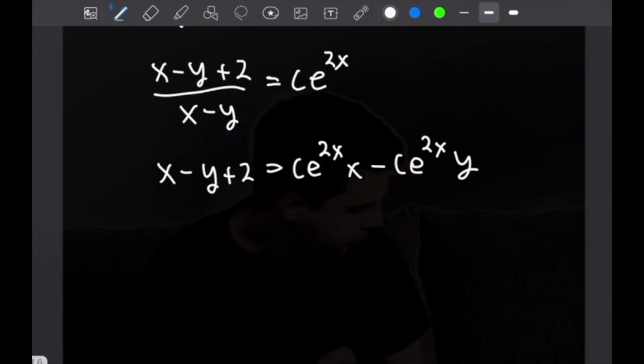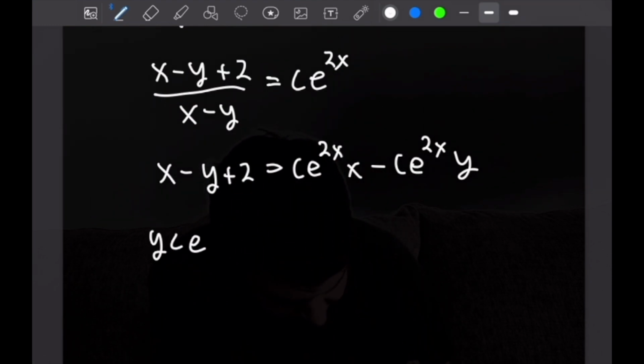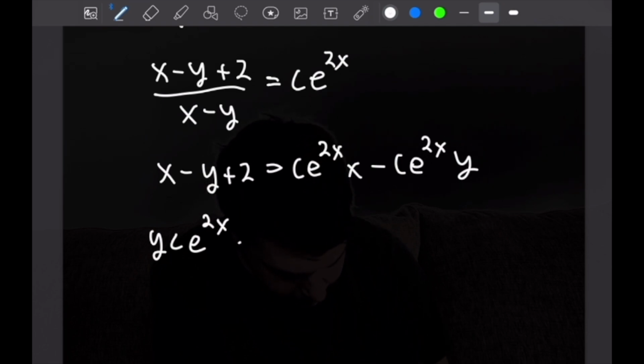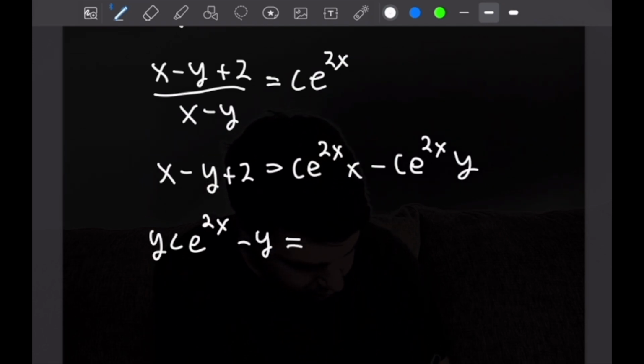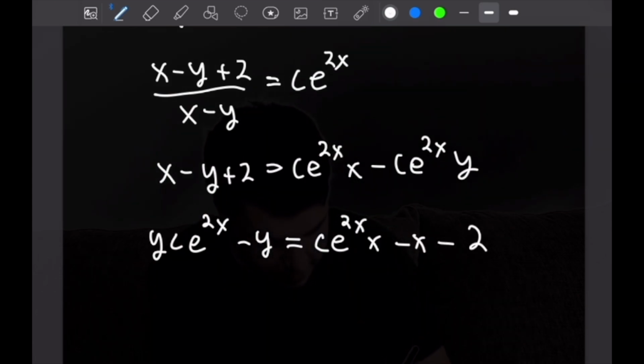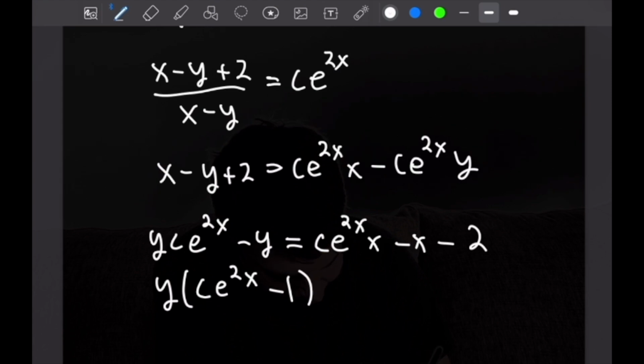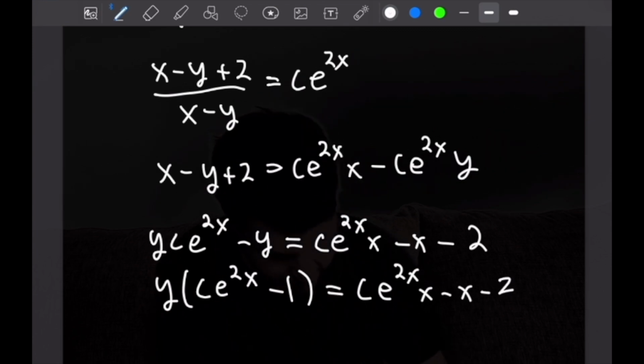And with this we can separate our variables, and we will get that y times c times e to the 2x minus y is equal to c times e to the 2x times x minus x plus 2, and we can factor out a y from the left-hand side to get y times (c times e to the 2x minus 1) is equal to c times e to the 2x times x minus 2.